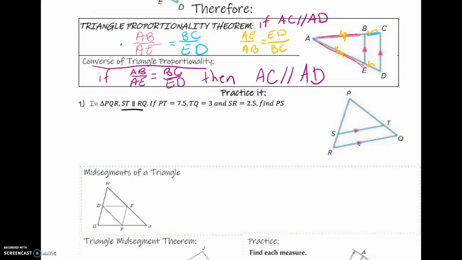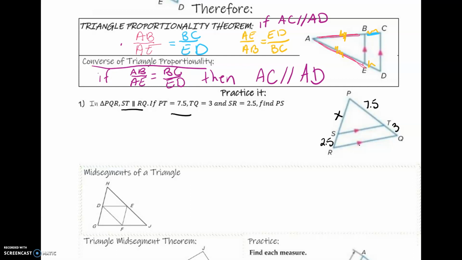And we can see that again because they showed us those arrows. So now it's telling us some important information. PT is 7.5, TQ is 3, SR is 2.5, and we want to find PS.